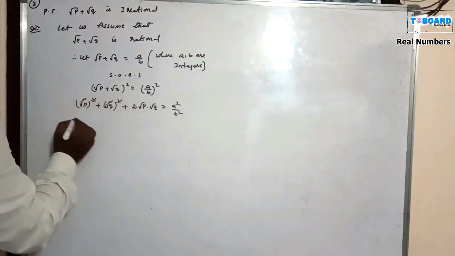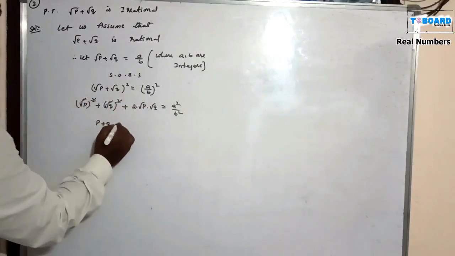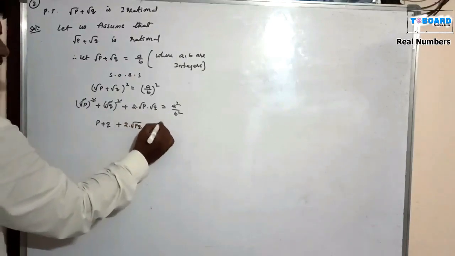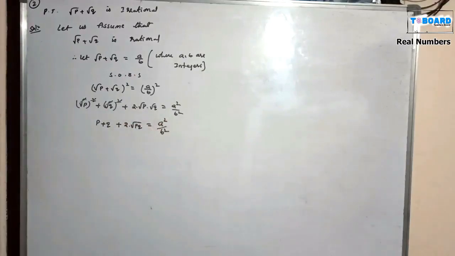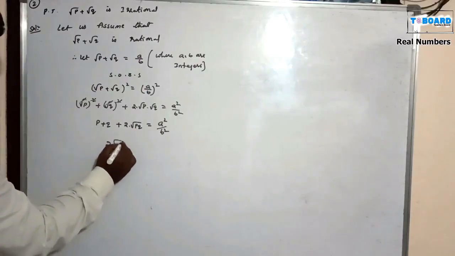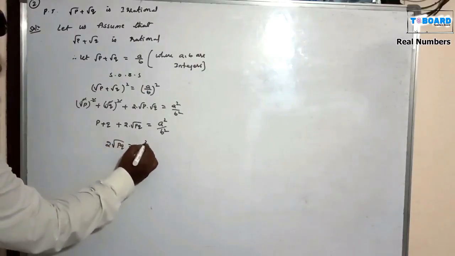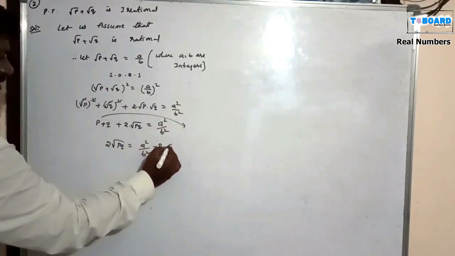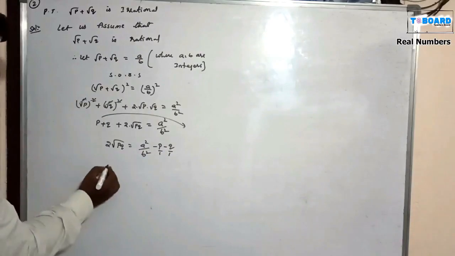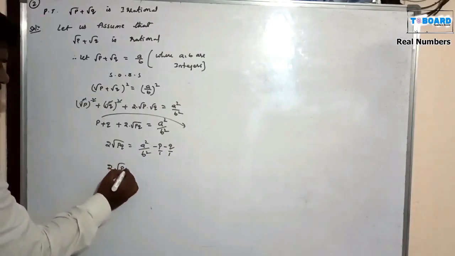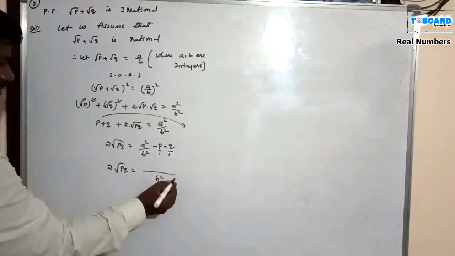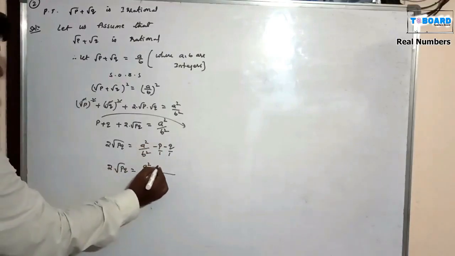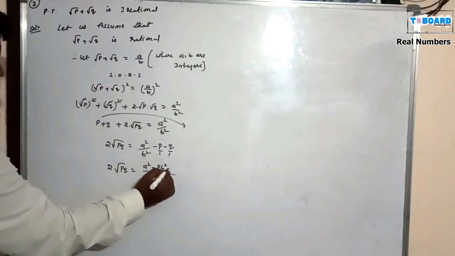P plus q plus 2 into root p into root q, and root p into root q is root pq, equals a square by b square. 2 into root pq equals a square by b square minus p minus q. 2 root pq equals LCM b square: a square minus p b square minus q b square.